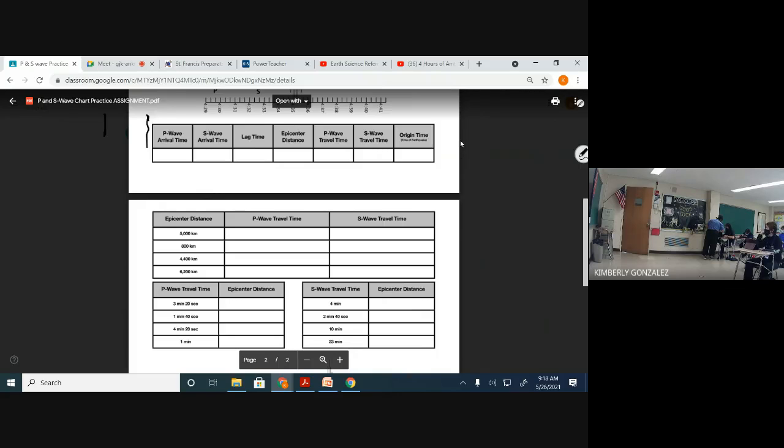The P line's the bottom one, right? I'm guessing we're going over this. 120. Alright, I think I know how to do this. Okay, 800 kilometers, so over here we have to go up.